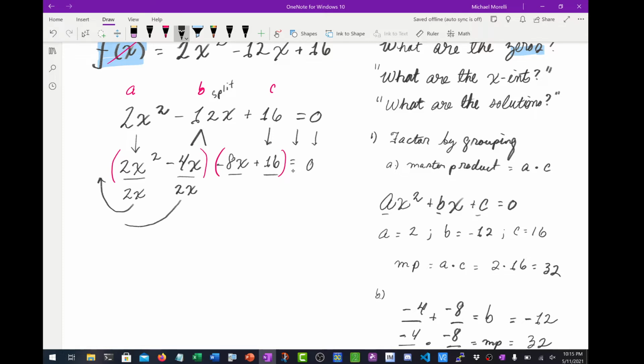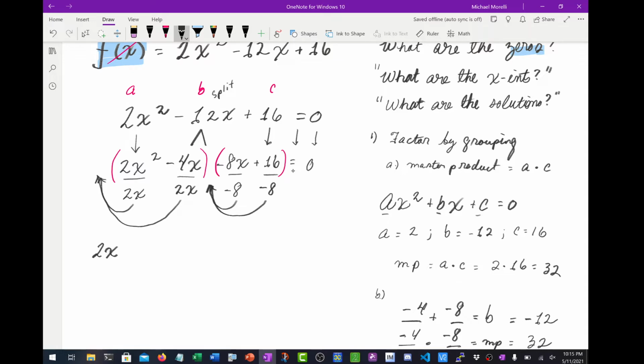We're going to pull these terms out. And here I can pull out a -8 from both terms. Again, I'm pulling out the terms like this. And so we factored out the greatest common factor here.